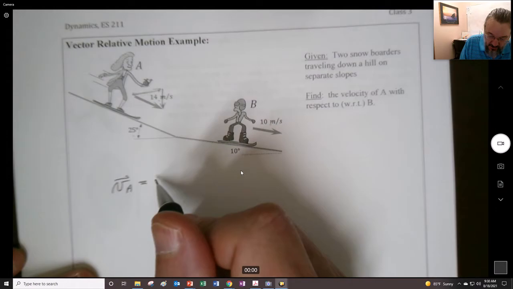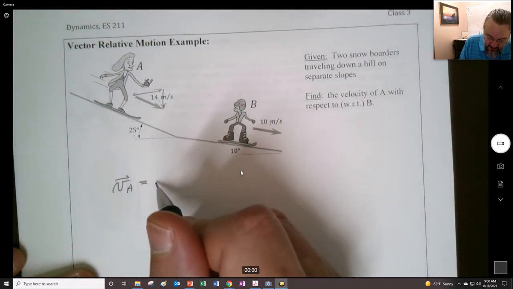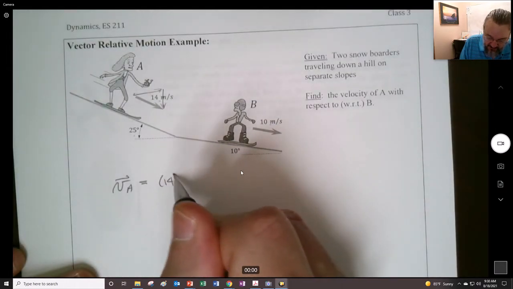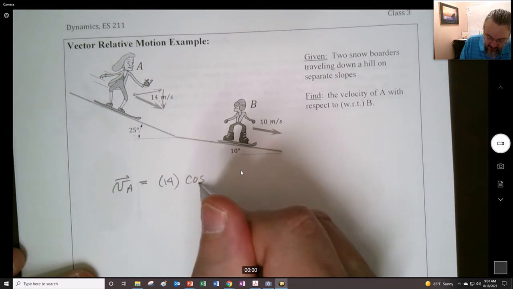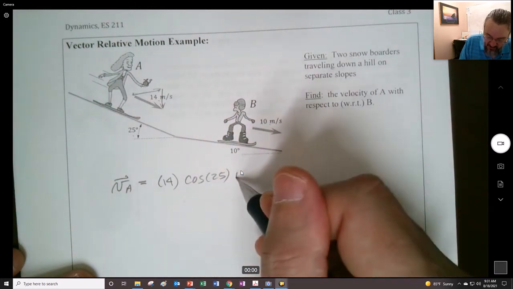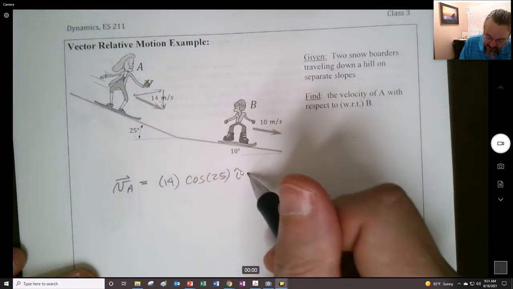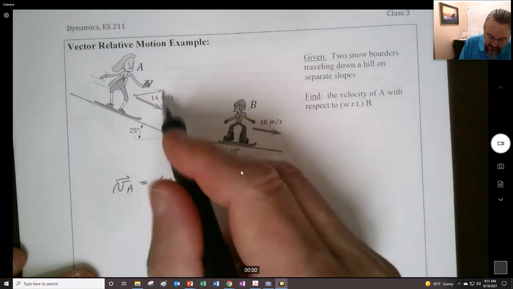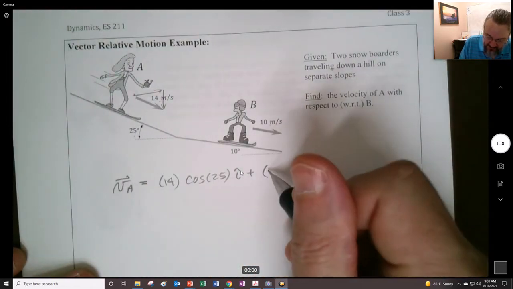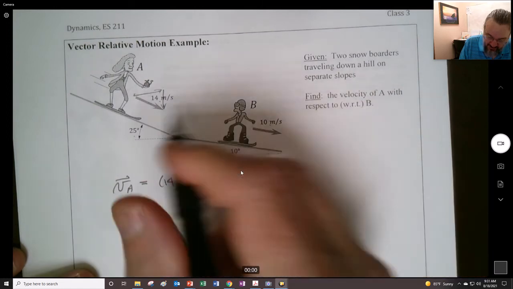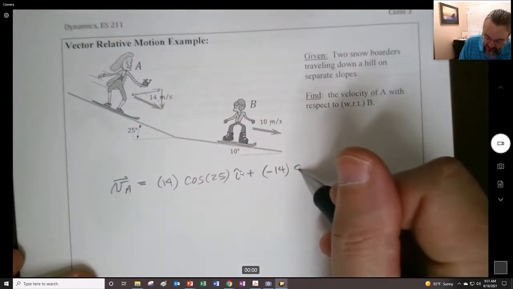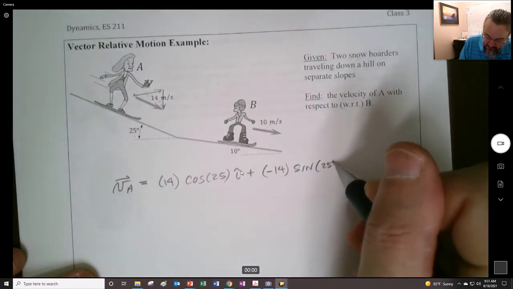His x component is going to be 14 times the cosine of 25 i, plus, but now he's going downward, so minus 14 times the sine of 25 j.